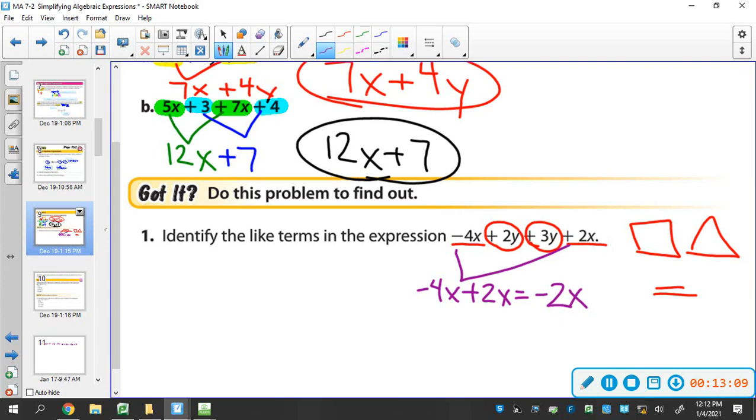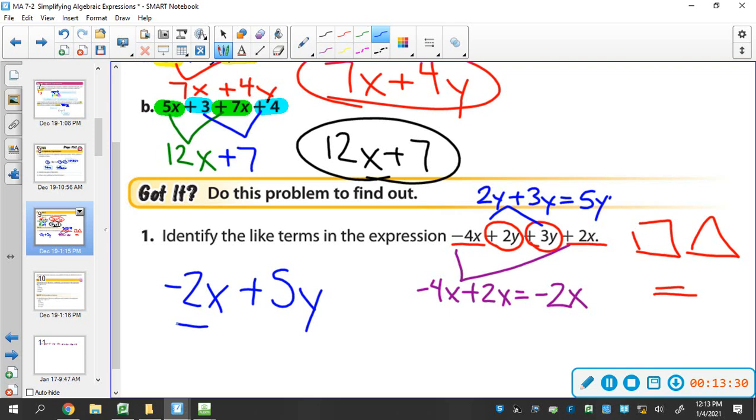And then I have this part, and it's 2y plus 3y, which gives me a 5y. And I just put all of that together then. So I have my negative 2x and then a positive 5y. I cannot combine them. They have two different variables. Okay?